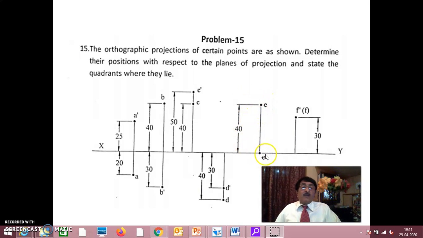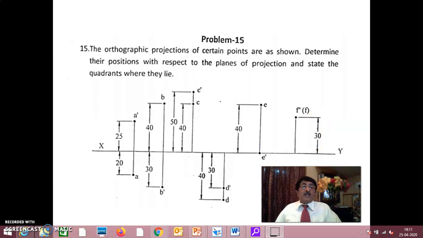That means for this you should say point E is in the third quadrant, 40 mm behind VP, and it is lying on HP. That is very important. That is why E dash will be on the XY line.